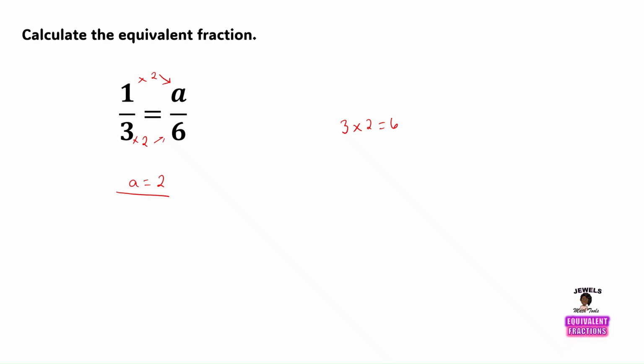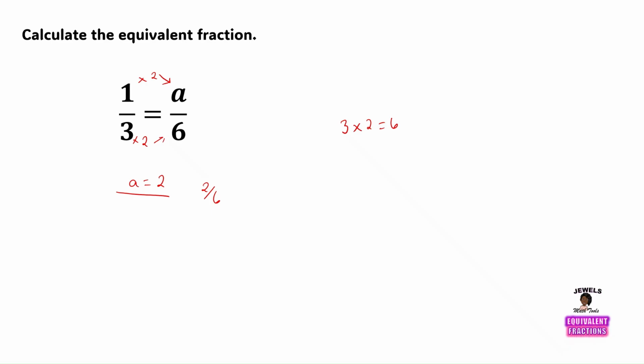But remember that in some cases, you will be required to rewrite the equivalent fraction. So that means that while I'm leaving my answer as 2, you may still have to go back and write that your equivalent fraction is 2 over 6. So just be careful and pay attention to those little things when you are answering your question. If they're just asking for the variable to be answered, that's fine. But if you're asked to write the fraction, make sure that you do that as well.